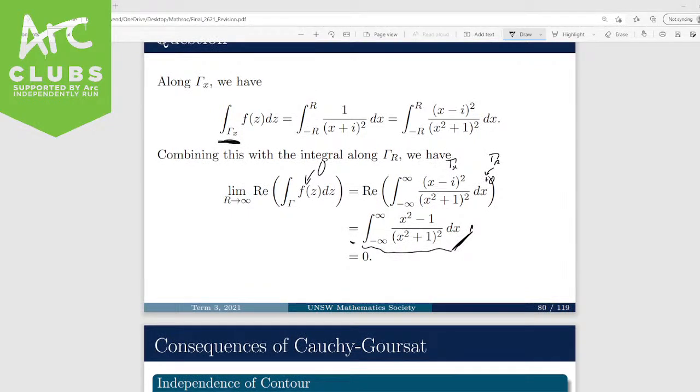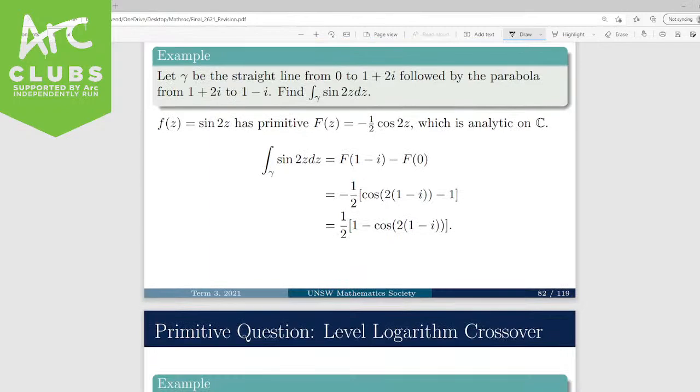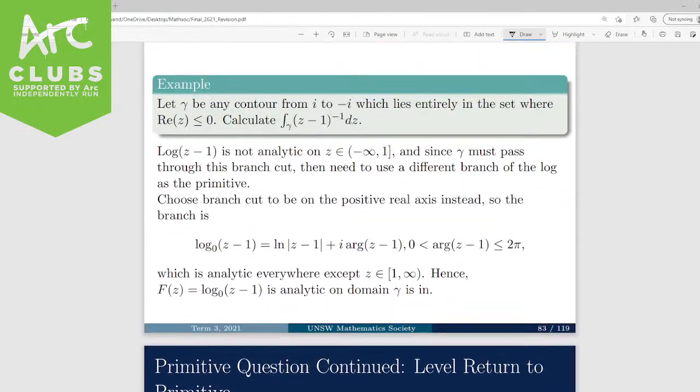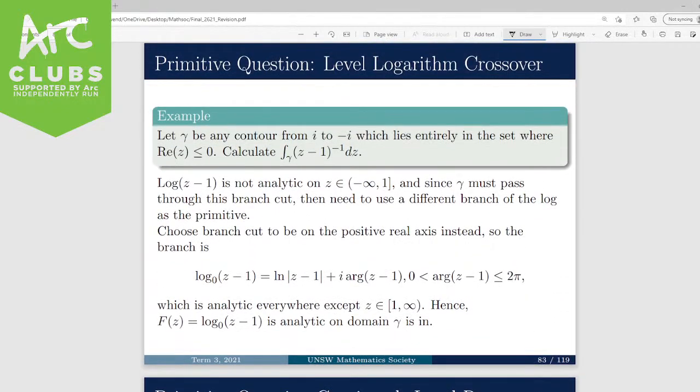My God, it's 5. I never planned this correctly. Well, there's this final question over here. The main gist of this one was that your contour starts from i, goes to negative i, but the restriction is it has to go over the areas where the real part of z is less than or equal to 0. So your contour can do crazy stuff, but it has to stay to the left of your imaginary axis.